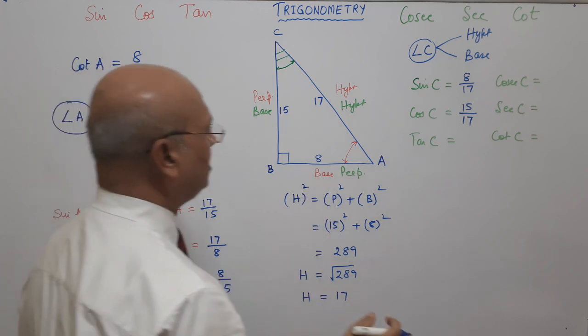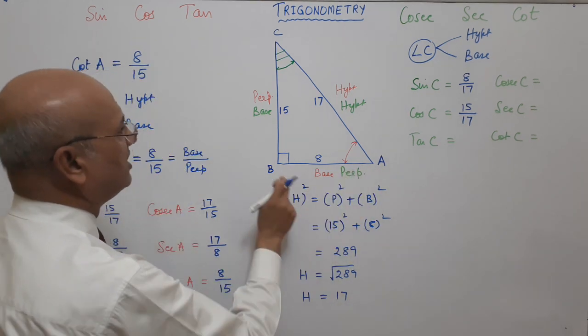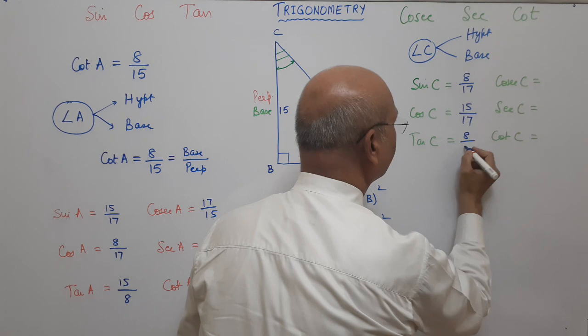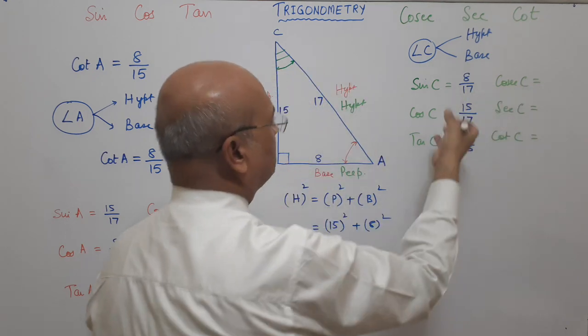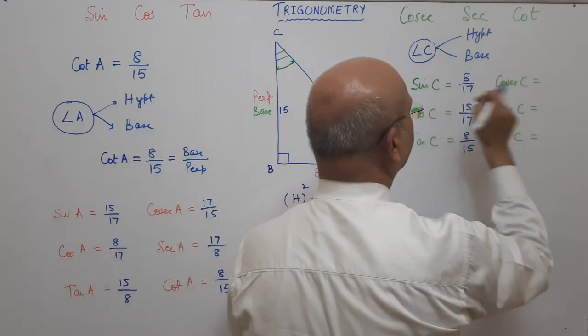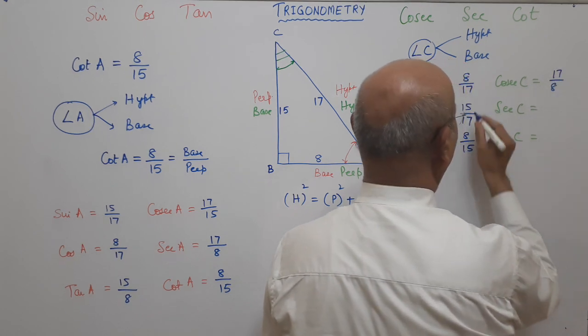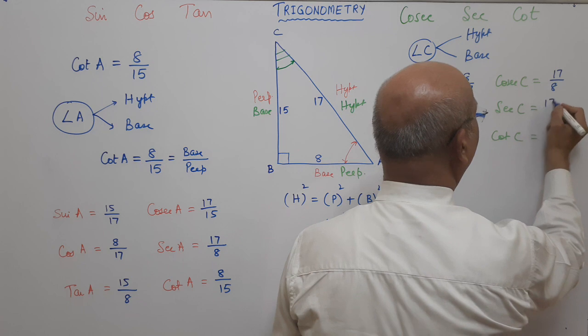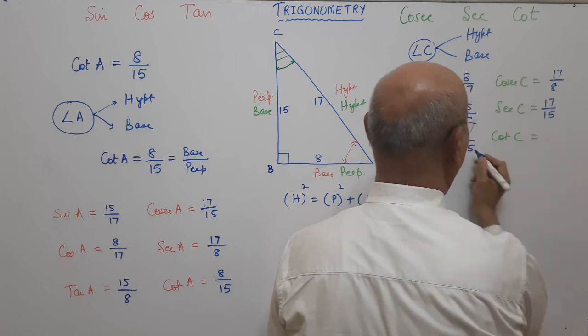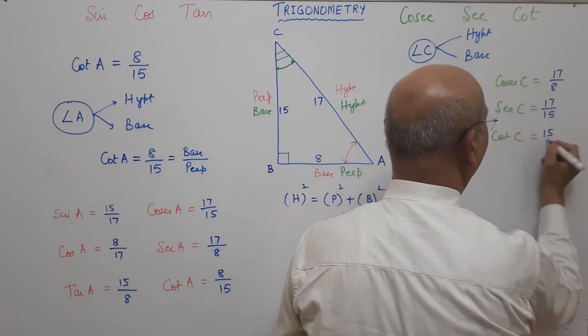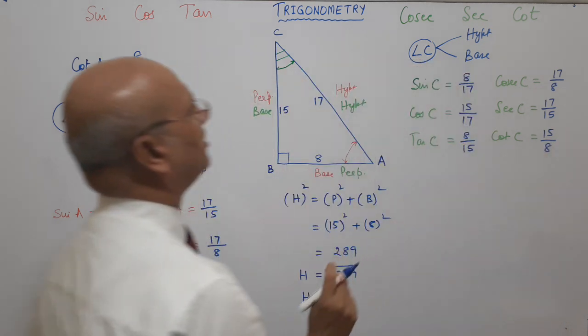Tan C is perpendicular upon base. Green perpendicular is this 8 upon 15. Now these will be the reverse of this. If it is 8 by 17, it will be 17 by 8, and if it is 15 by 17, it will be 17 by 15, and here 8 by 15, it will be 15 by 8.